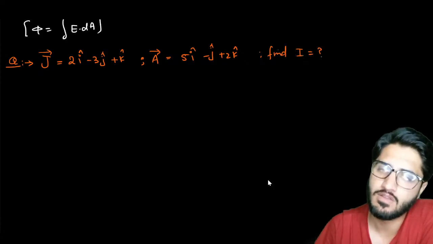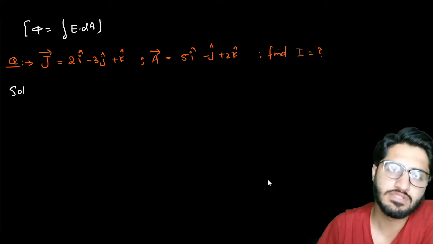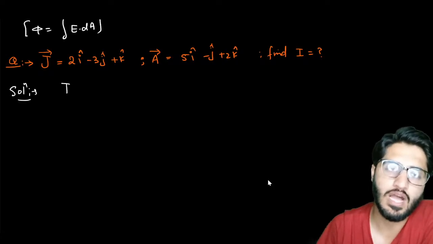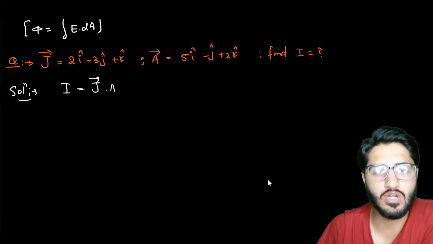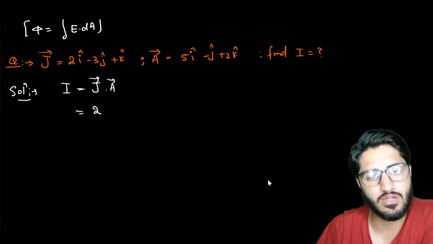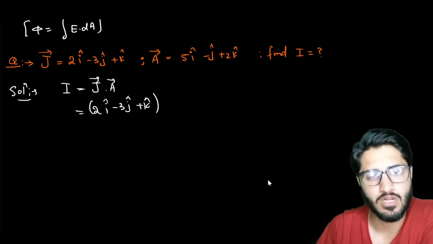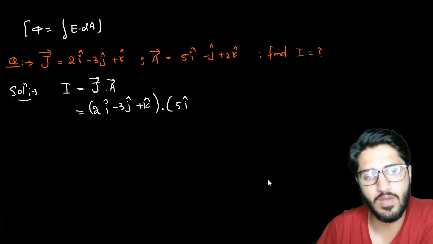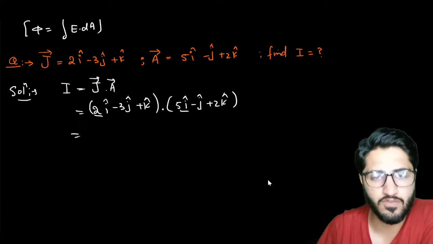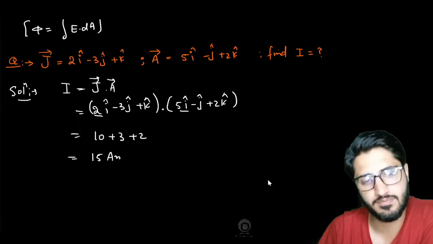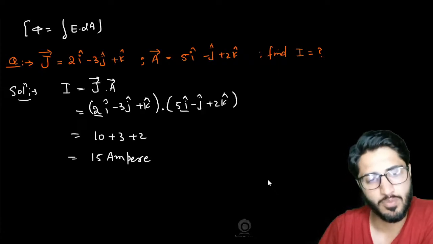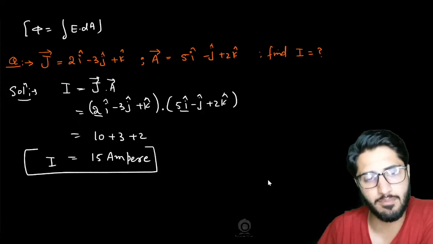Find current. Which equation do I need to use here? Simple, sir. It is J dot A. So I is equal to J dot A. Instead of J, I will write 2 I cap minus 3 J cap plus K cap. Now it is a dot product with 5 I cap minus J cap plus 2 K cap. Now look, 2 into 5 is 10. Minus minus plus, 3 into 1 is 3, plus 2. So I guess it is 15. It is 15 ampere. So my current comes out to be 15 ampere.